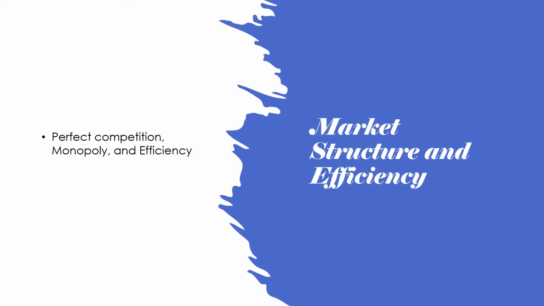So let's take a look at market structure and efficiency. In Lesson 5, we saw that it is best for society if production increases until the cost of making another unit would exceed the highest price consumers would pay for it. When the price equals marginal cost, consumers can purchase every unit that is worth at least as much to them as the cost of making it.